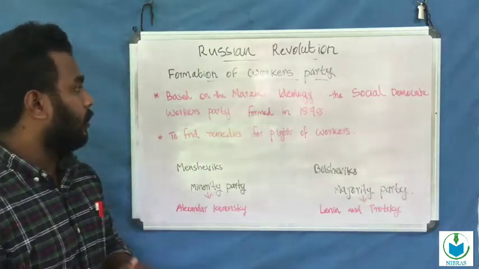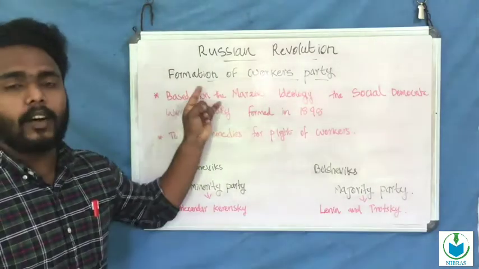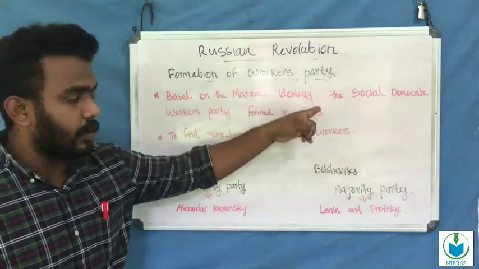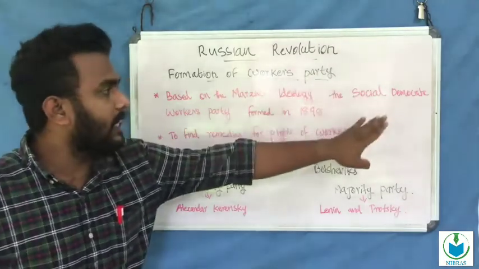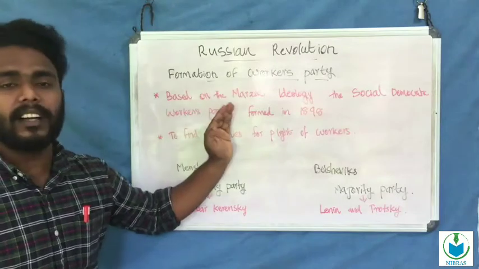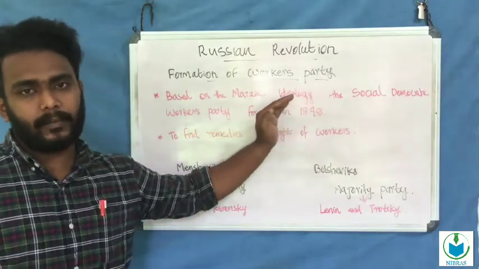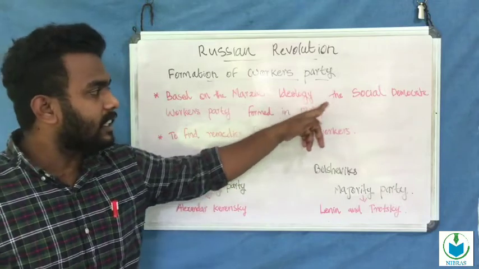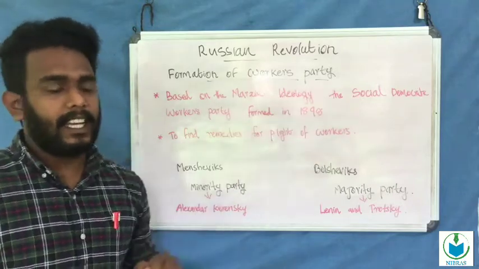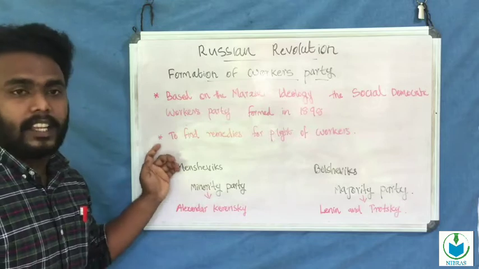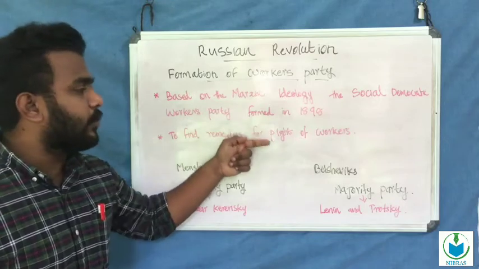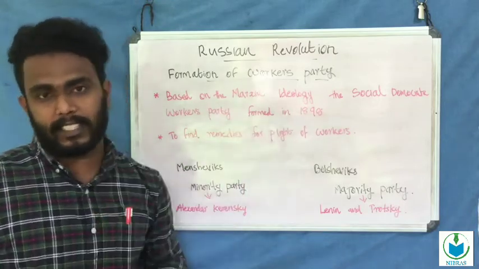Now look at the point. Based on the Marxist ideology, the Social Democratic Workers Party was formed in 1898, remember the year, to find remedies for the plight of workers.